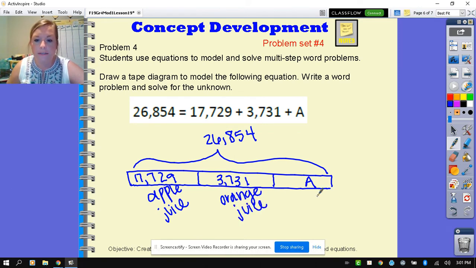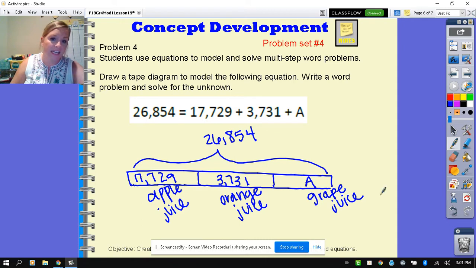And our goal today is to figure out how many people out of that survey like grape juice. You could have done anything you wanted to. It could have been sports, it could be colors, it could be whatever it is, as long as it goes into the total. It could be how much money you made in a month, and this is how much you made in week 1, week 2, week 3. No matter what it is, you just have to describe in a word problem what they're trying to solve.